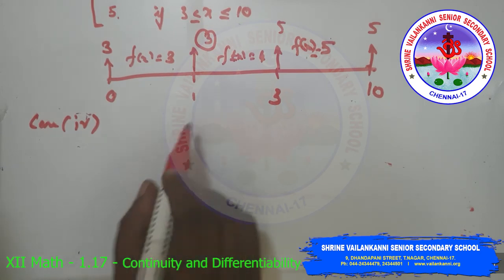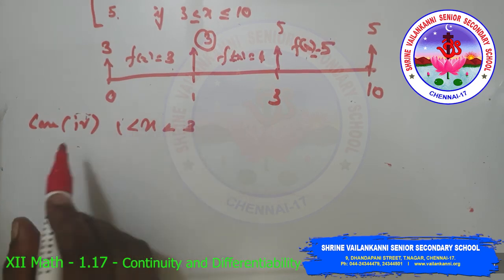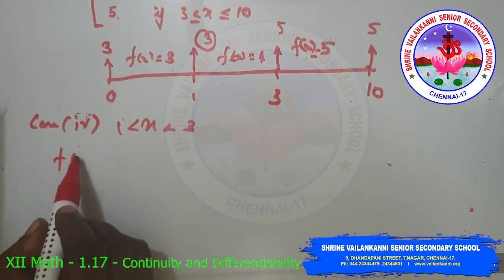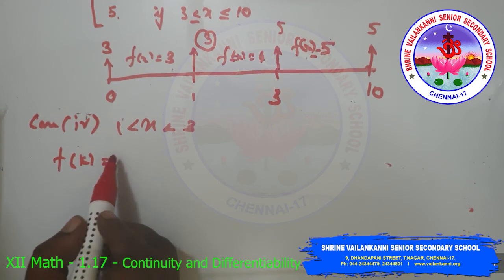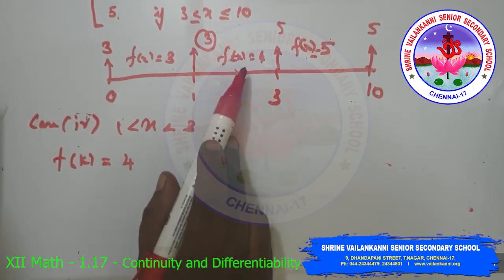So consider the fourth case, x lies between 1 and 3. Here f of k is equal to 4. So when x lies between 1 and 3, the f of x is defined to be 4.